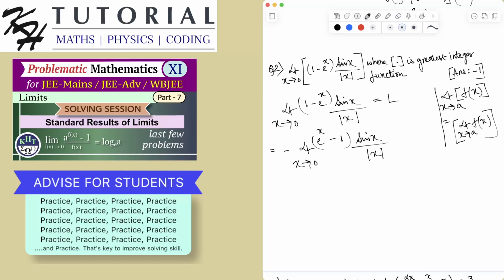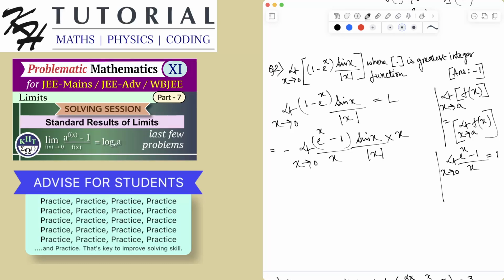Now to apply the standard result of e to the power x, remember that based on the standard result we know that the limit as x tends to 0 of (e to the power x minus 1) divided by x is equal to log e, which is equal to 1. So I will create the standard result. What will I do? I will put an x over here and I will adjust x.